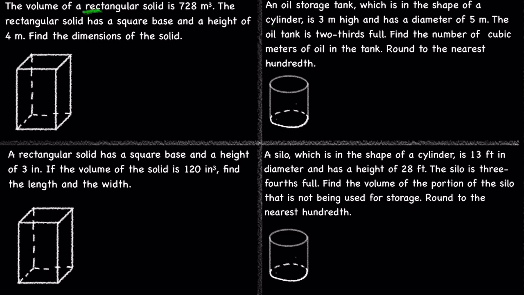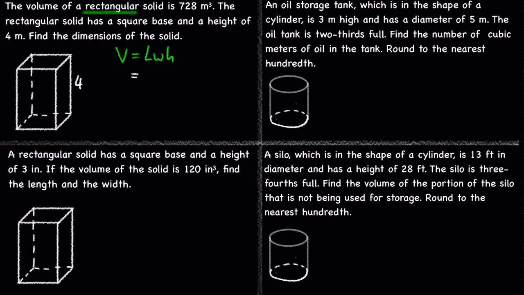The volume of a rectangular solid is 728 cubic meters. The rectangular solid has a square base and a height of 4 meters. Find the dimensions of the solid. The volume of a rectangular solid is LWH, and the square base means that the length and the width have the same measure.